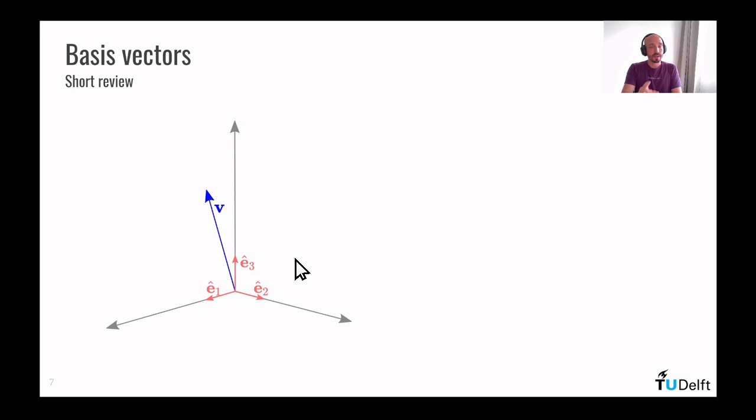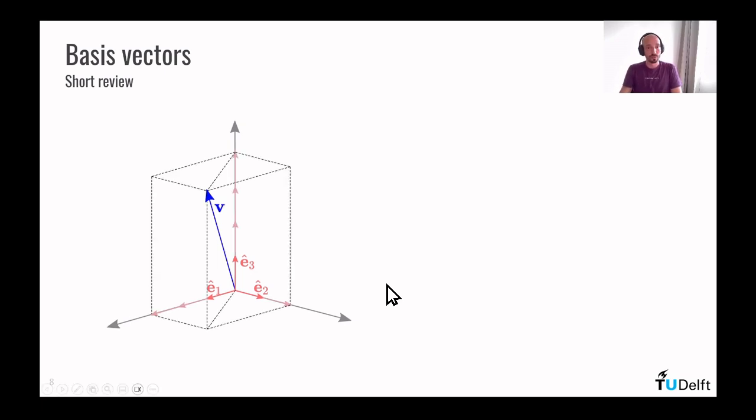Now, by defining these three vectors, those red vectors, we can represent any vector living in this three-dimensional space based on those three vectors. So the only thing that we have to do is to take this vector v and project it into the directions defined by those basis vectors, and then we can count how many times we have from each basis vector.